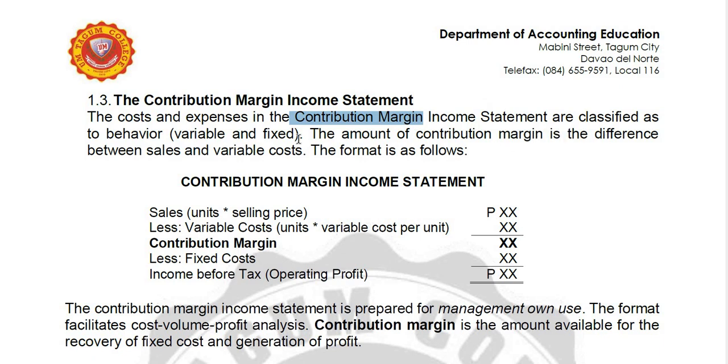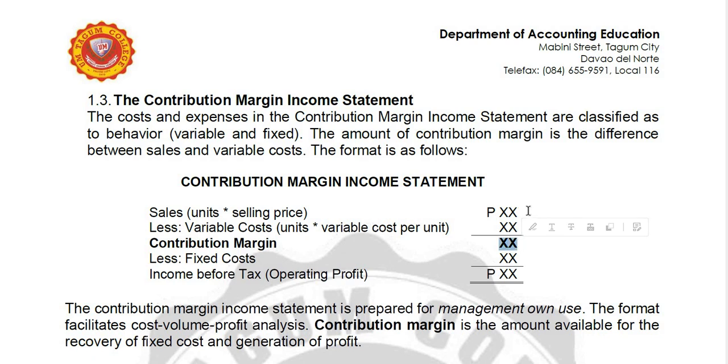So, contribution margin is the difference between the sales and the variable cost. So, you have this format here. Start ka with your sales and then you deduct the variable cost. So, lahat ng variable cost dapat i-deduct mo dyan, no? Regardless of whether it's a product cost or it's a period cost. So, i-deduct mo lahat dyan. And then you'll get your contribution margin.